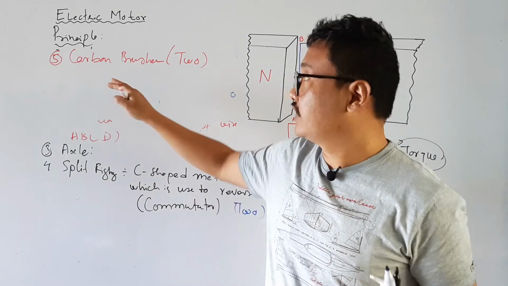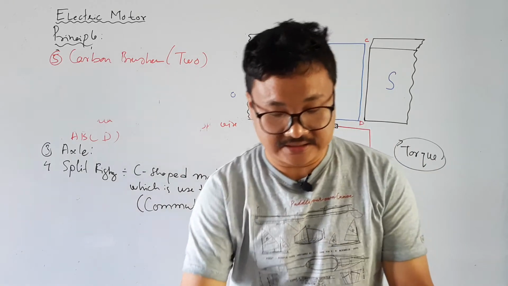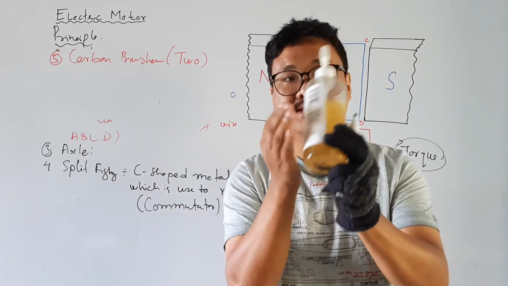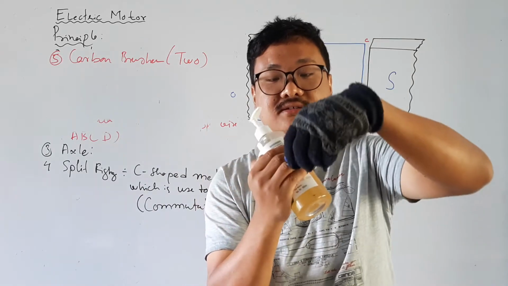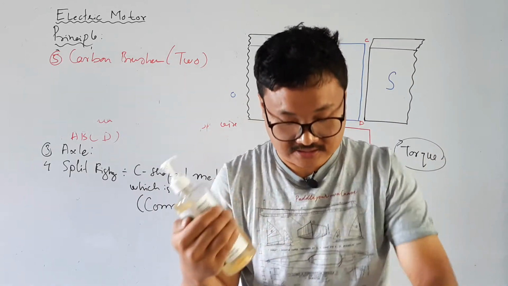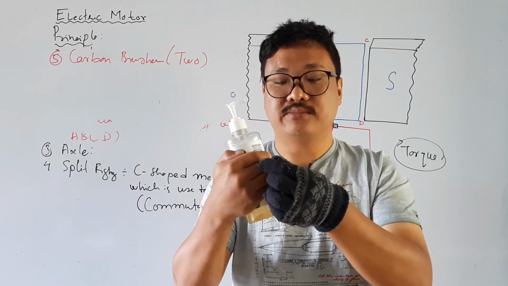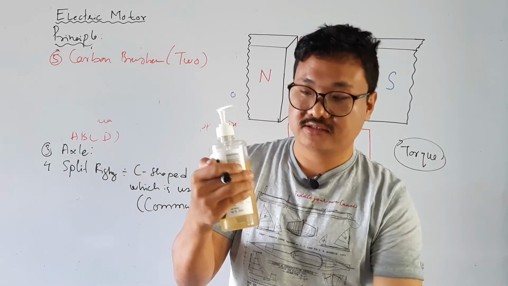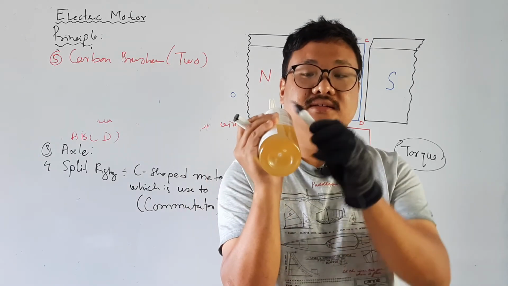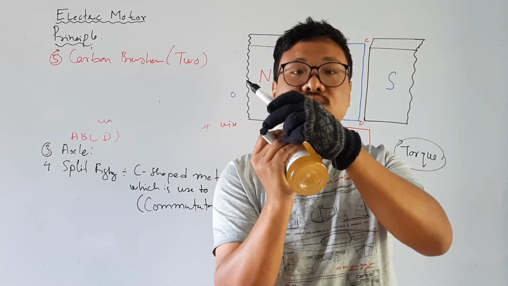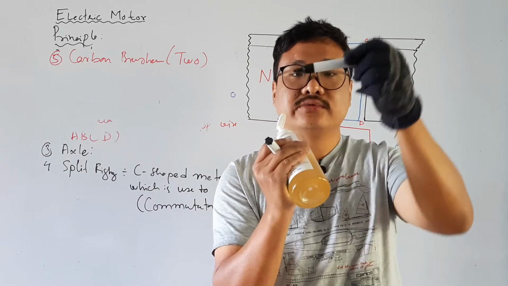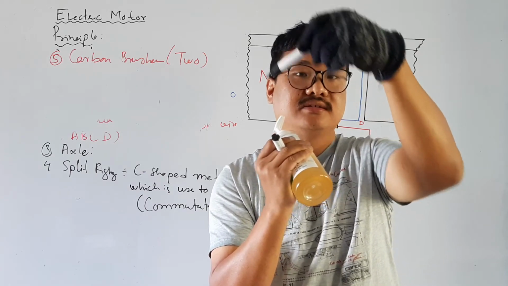What it does is like this. This is the axle, this is the split ring, and this is the brush. Let me write, this one is the brush. Now with this brush we can apply the current.